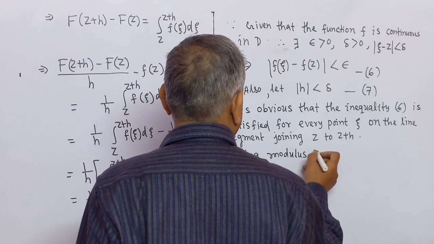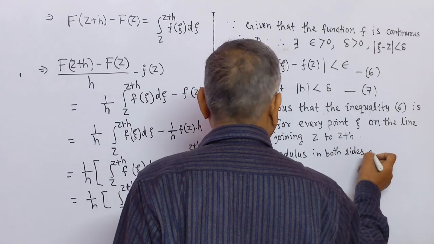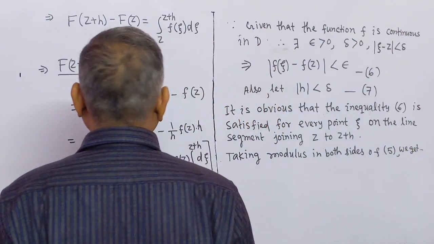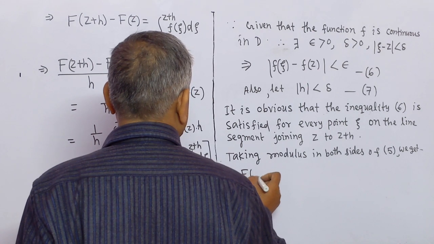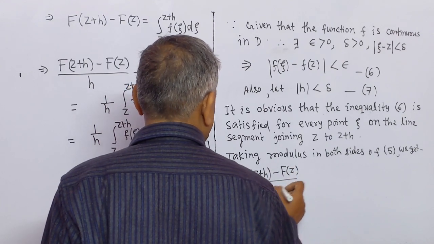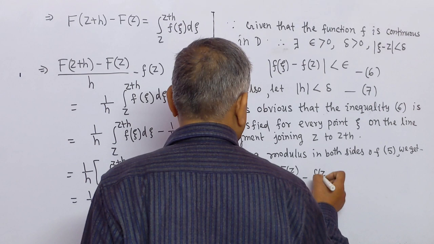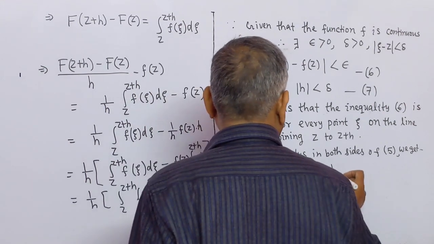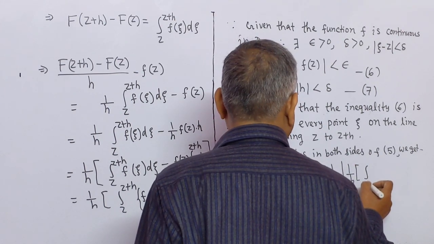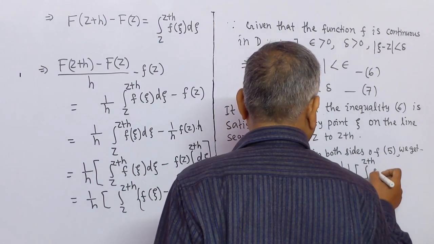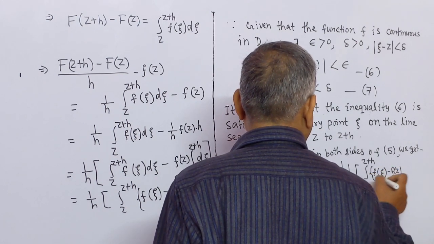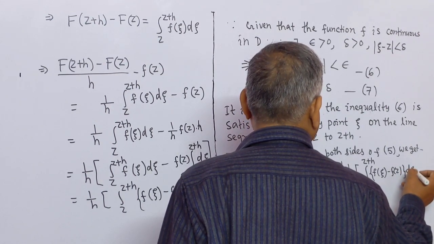Taking modulus on both sides of 5, we get modulus of (F(z plus h) minus F(z)) by h minus f(z) equals modulus of 1 by h times the integration from z to z plus h of f(xi) minus f(z) d xi.